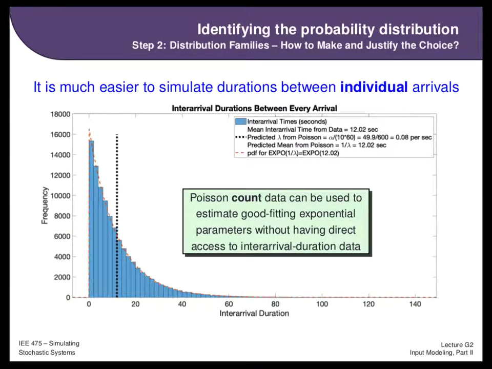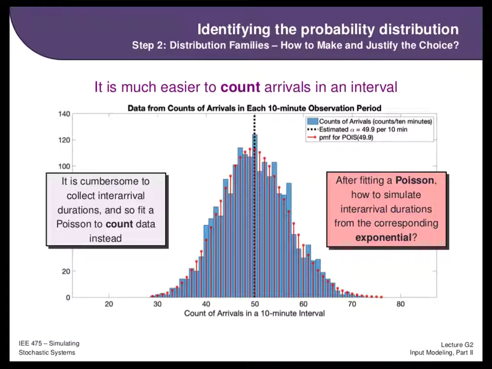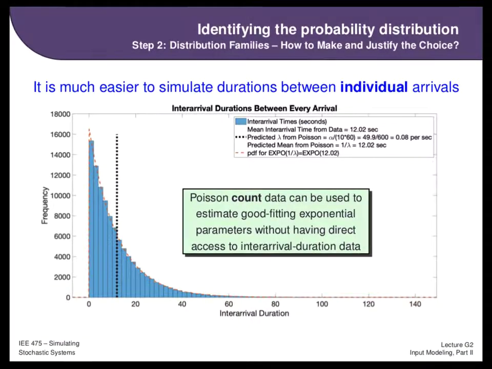The lambda in the exponential is, well, it's easier to think of what 1 over lambda is. 1 over lambda is the mean time between arrivals. So there is 12 seconds on average between every arrival. There are 50 arrivals in every 10 minutes, and so not surprisingly, there's about 12 seconds between every arrival. So that's one way to go to the other.